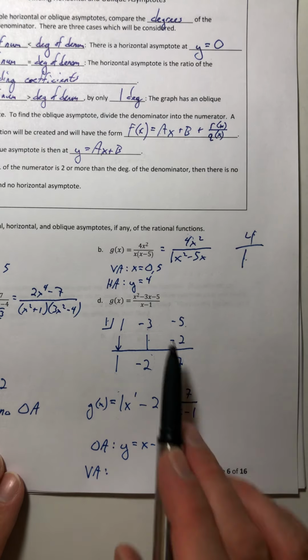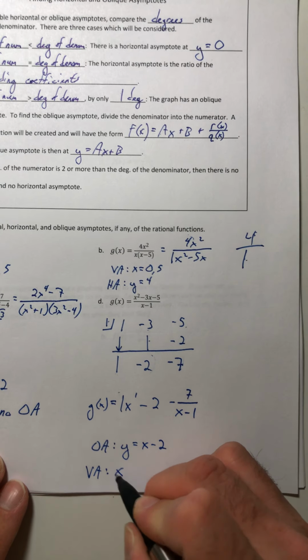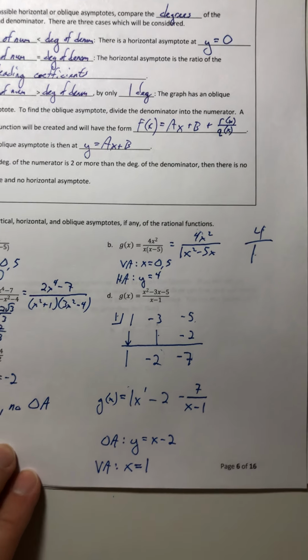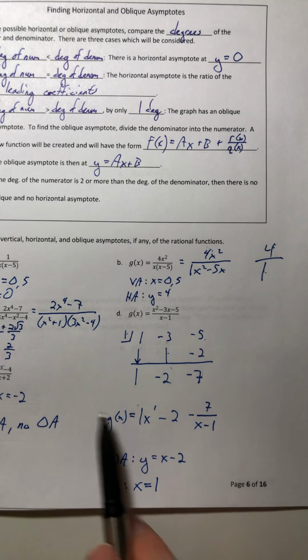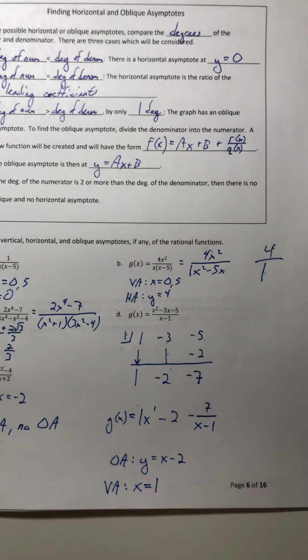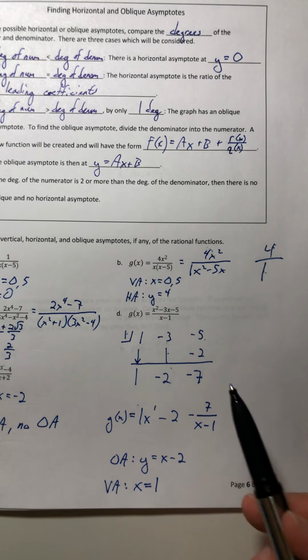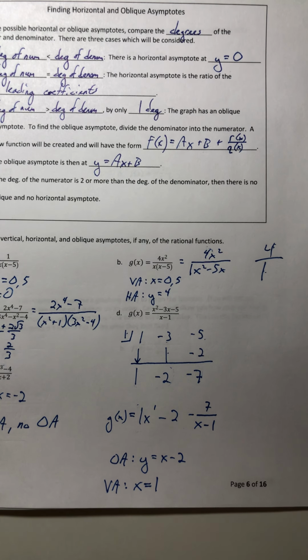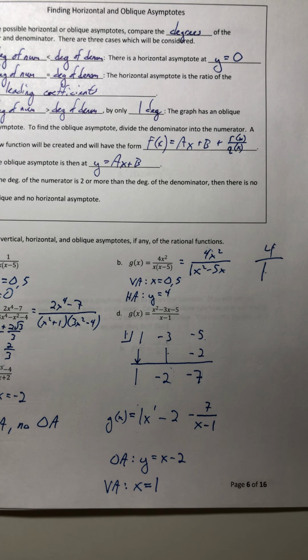The vertical asymptote, that's just going to be right at 1. Okay, so if you don't like the synthetic division, that's not going to hurt my feelings. Just use the long division and do it that way too, or instead. Okay, that's going to do it for section 4.2. So in the next one, we'll do 4.3 and looking at some of the graphs.